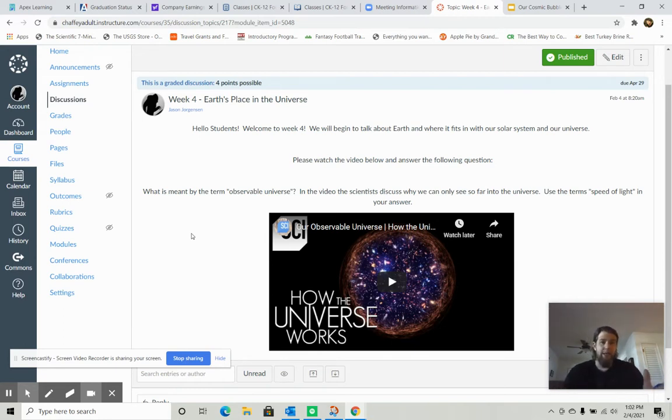That almost indicates that there's an unobservable universe. They get to that, and it's all related to light speed and the speed of light and what that means. You're going to hear about the speed of light and cosmic background radiation. Those are two very important things that will help you answer this question: what is meant by the term observable universe?